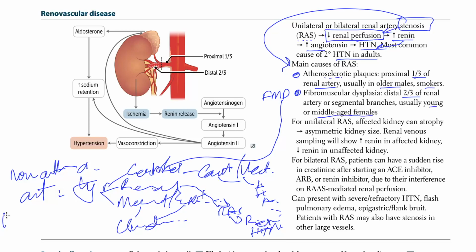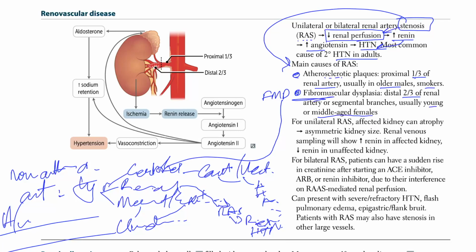So on the histopathology of fibromuscular dysplasia, you will see presence of fibromuscular webs, fibrotic webs, which leads to luminal narrowing, luminal stenosis, and alternating areas of aneurysmal dilation with loss of internal elastic lamina. Here's the vessel.